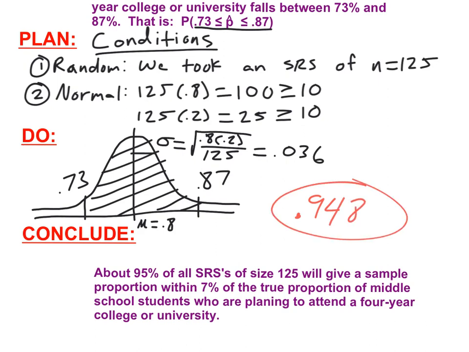You should get 0.948. So in the conclusion, we'll summarize what we found, that 95% of SRSs of n equals 125 would give you a sample proportion within 7% of the parameter. So at that sample size, there's a really, really good shot it'll put you within 7% of p, our population proportion, which we knew was 0.8.